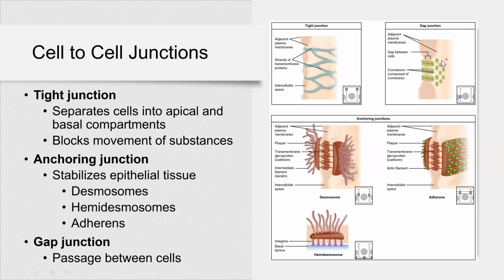And gap junctions shown over here allow passage between cells. Anchoring junctions like desmosomes, for example, are like a zipper in between cells, right? So you can really stretch, pull cells away from each other just a little bit, just to prevent tears within your epithelial membrane, for example, in your skin.